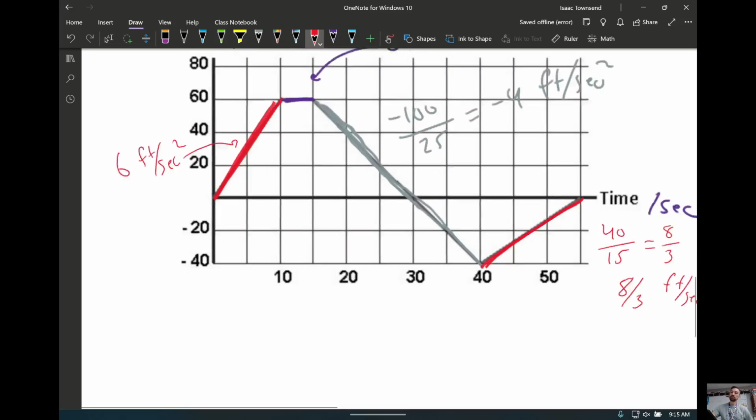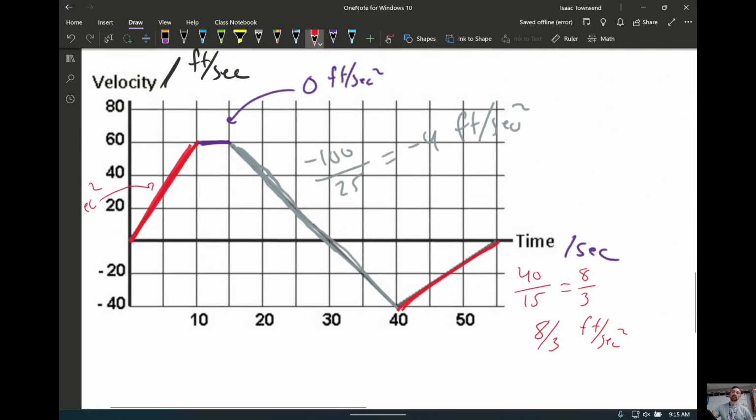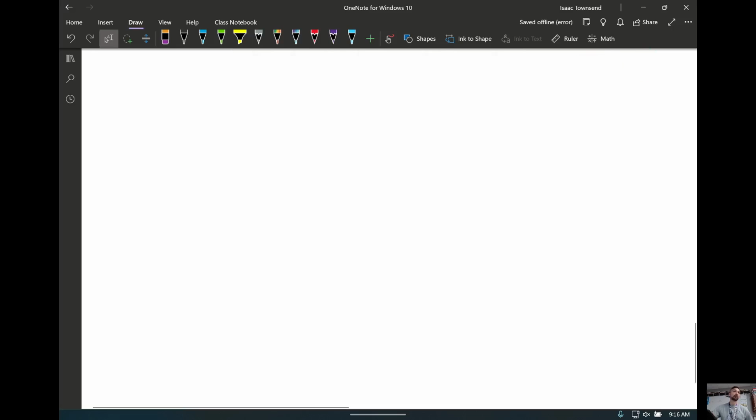Now, I think maybe what you're kind of getting to, and this is about 5 months too early, but we will be asking questions about, is something speeding up or slowing down? And so when velocity is positive, we know it's going to the right or up. When velocity is negative, it's going left or down.